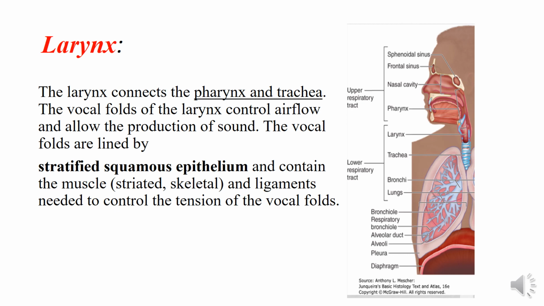The vocal folds of the larynx control airflow and allow the production of sound. The vocal folds are lined by stratified squamous epithelium and contain striated skeletal muscle and ligaments needed to control the tension of the vocal folds.